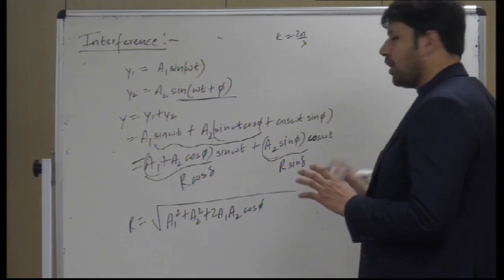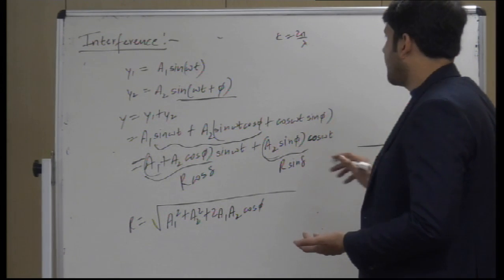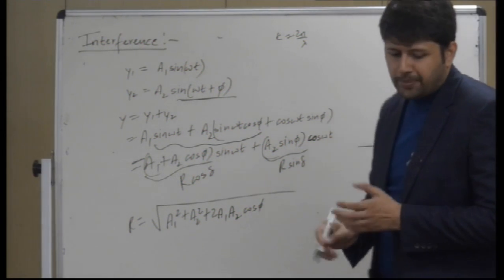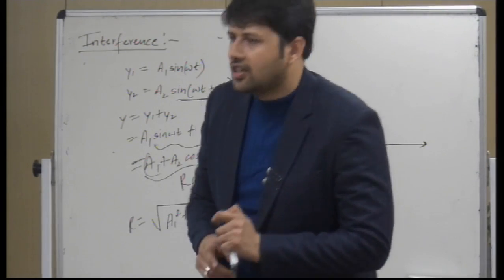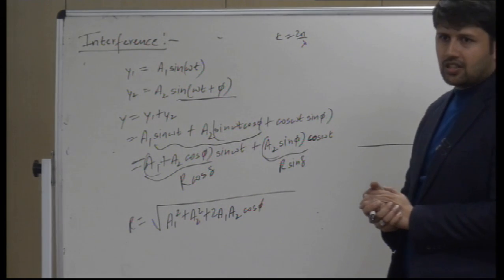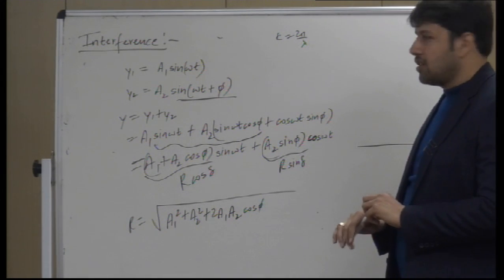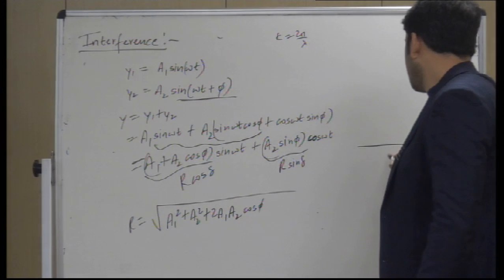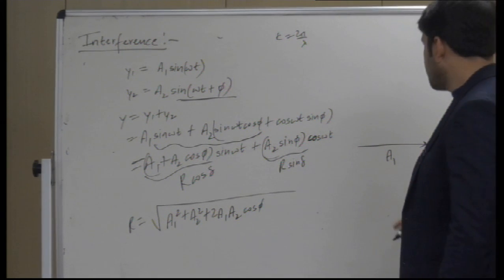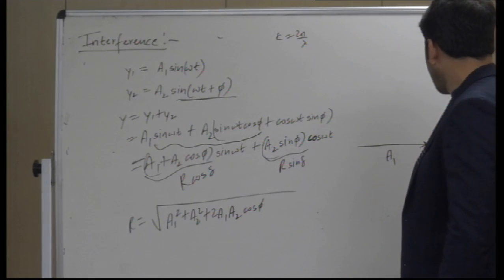Now for our convenience, wave 1 is like a phasor. If you remember the AC class, we represented AC current and voltage as phasors. I am representing the wave also as a phasor. Wave 1 is represented by a phasor of length a1. Wave 2 is represented by a phasor of length a2, but at an angle phi.